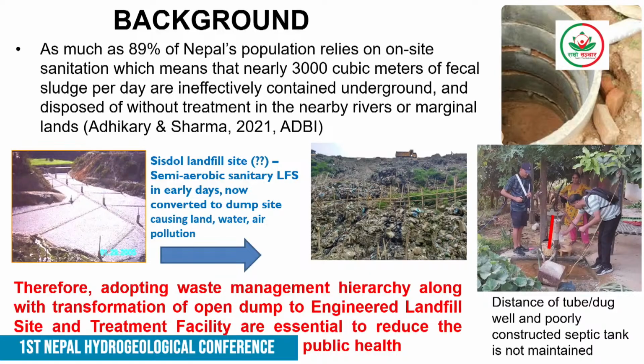But now, after almost 15 years, we have converted it into one of the most vulnerable dump sites, and a major source of contamination in surface water and groundwater as well. This is also our situation, because the disposal practice is related not only to the design and quality of construction, but also to operational practices.